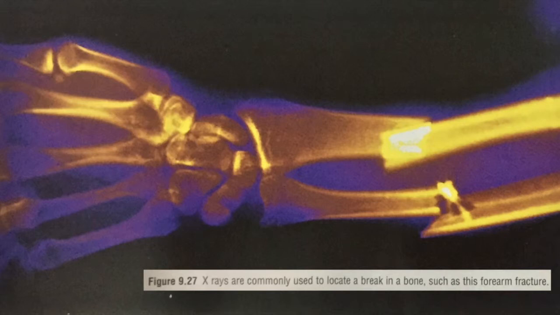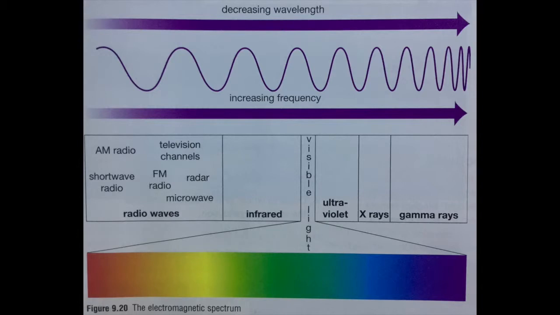Figure 9.27. X-rays are commonly used to locate a break in a bone, such as this forearm fracture. Gamma rays. Gamma rays, shown in figure 9.20 on page 293, have the shortest wavelength and the highest energy of all the radiant waves in the electromagnetic spectrum.